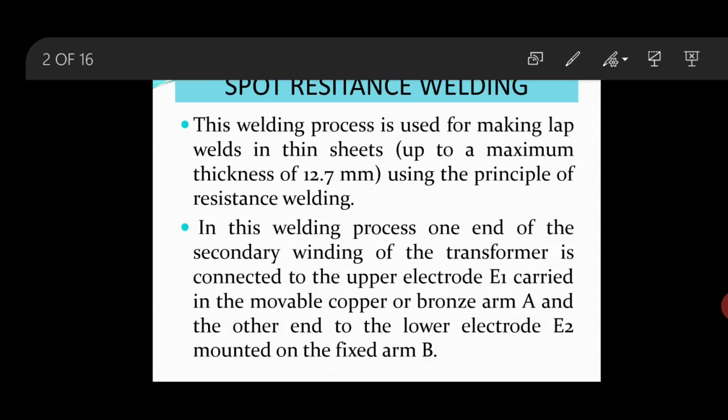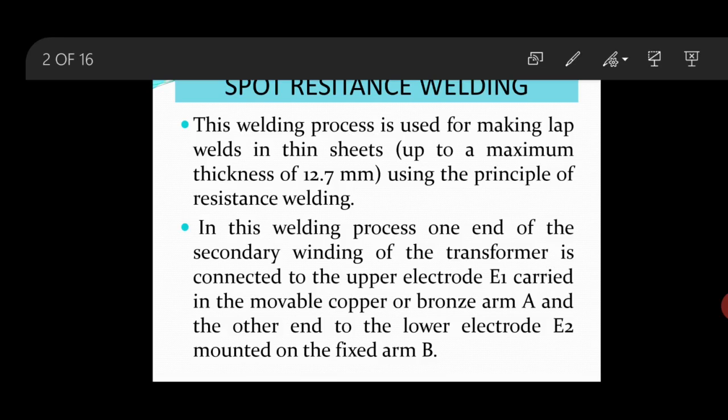The transformer has two windings, one is primary and the second one is secondary. The secondary winding has two ends.